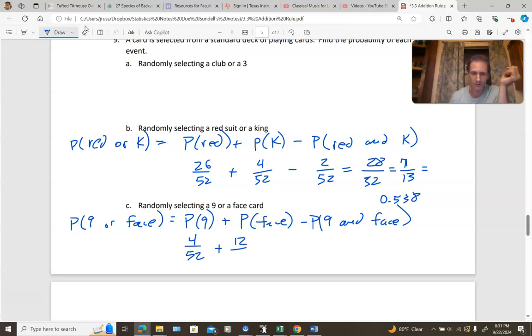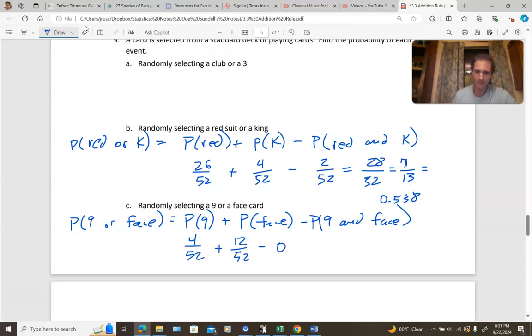Okay, so 12 out of 52 minus, now we need to figure out how many 9s are face cards. Okay, well, there aren't any. These two events are mutually exclusive again. Okay, you can't have a card that both has a face on it and is also a 9. That's impossible.